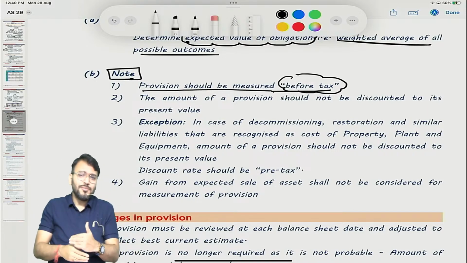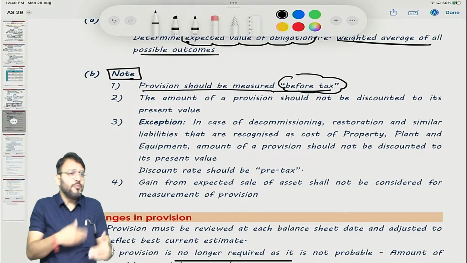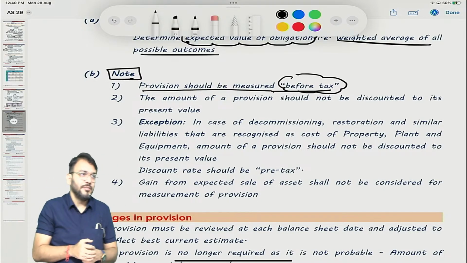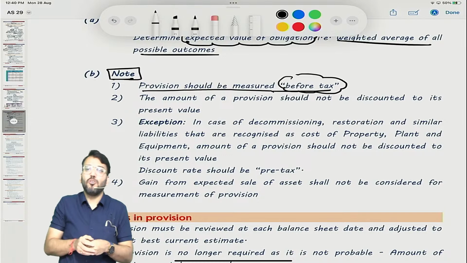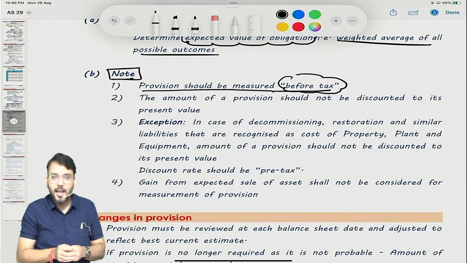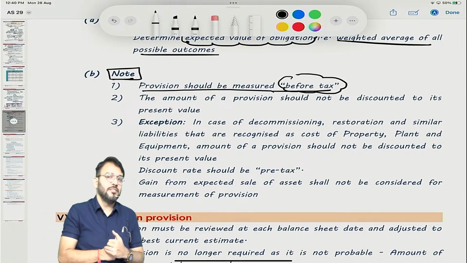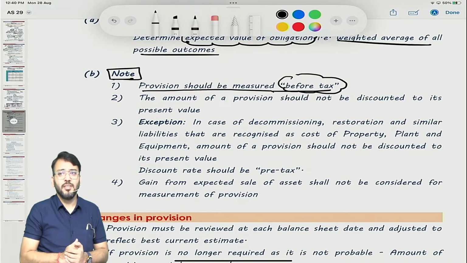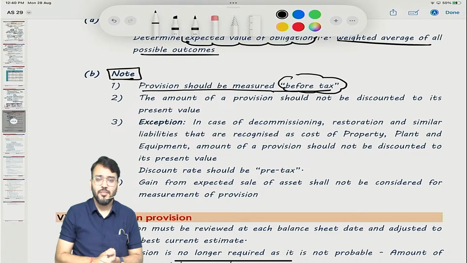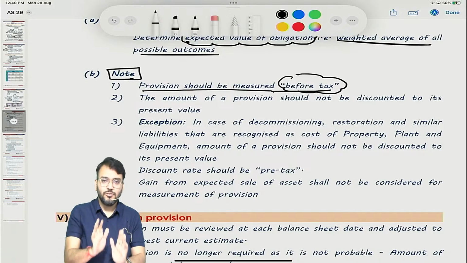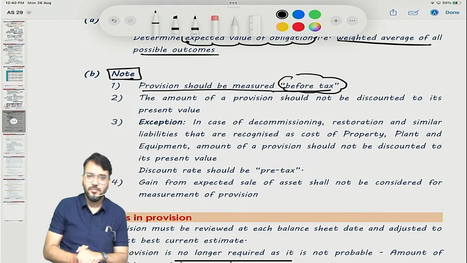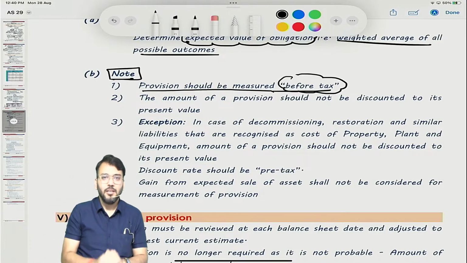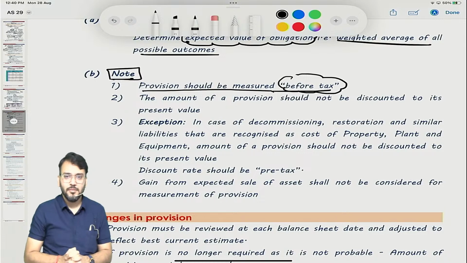Do you know about present value and future value? Annuity in mathematics. Have you done time value of money? How many of you have not understood that topic, time value of money? Understood? Have you done CA Foundation? Have you done mathematics anytime?